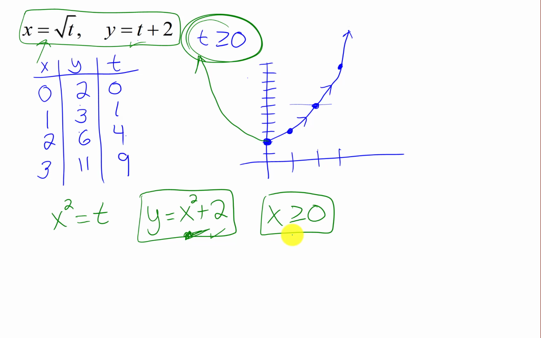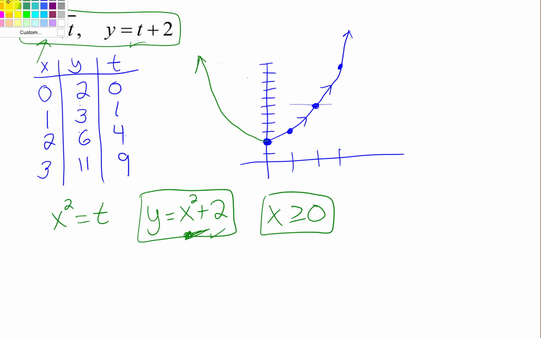Now let's do something a little different so we can see about these restrictions again. Let's say instead of not listing anything, they told us that t was in between, and they could give it to us in an inequality or an interval, in between 1 and 9.